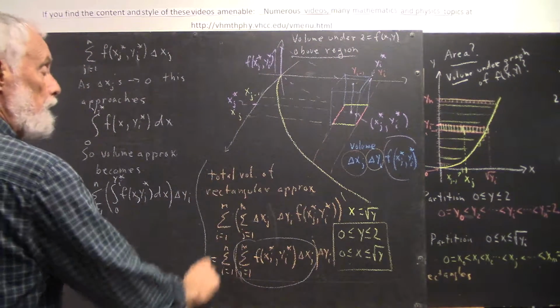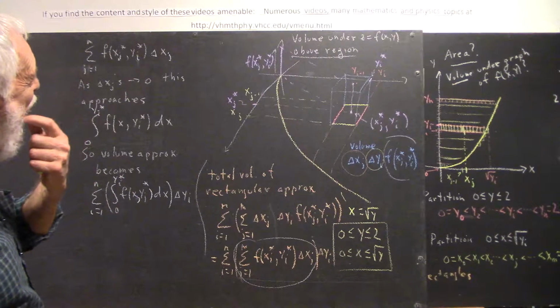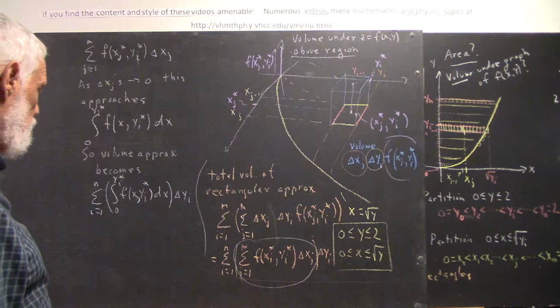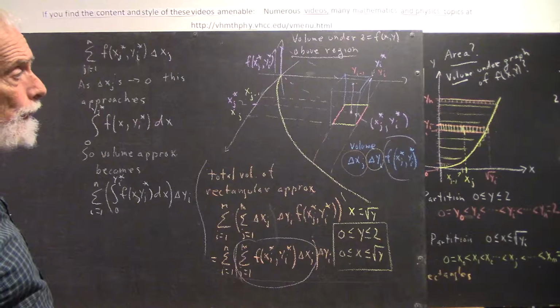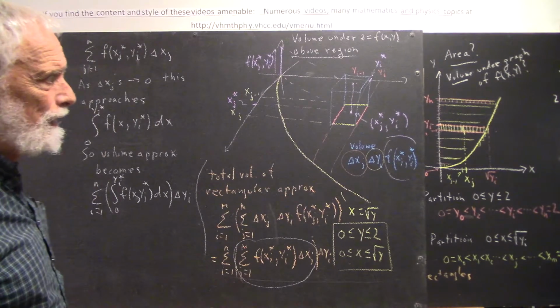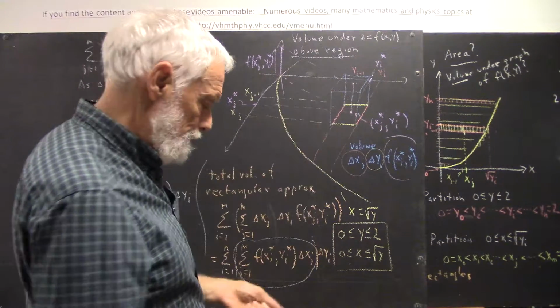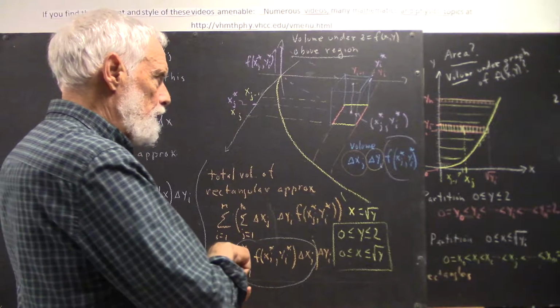Now that has a meaning that I really want to try to indicate by a picture, and that picture is going to mess up a little bit of this picture, but it's important enough.